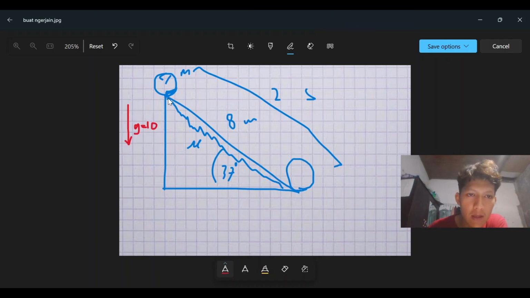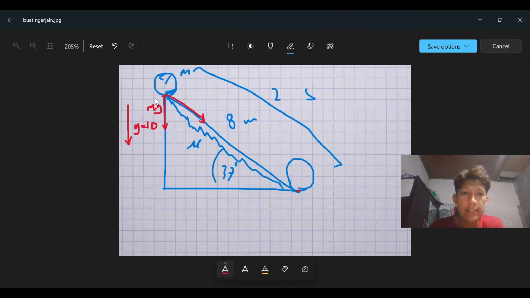Because there's gravity, there would be a force to the bottom. There is m times gravity. And because this ball is rolling from this to this, the path would be like this.